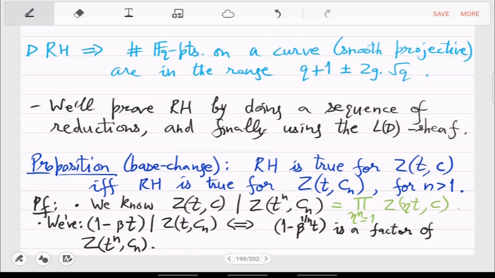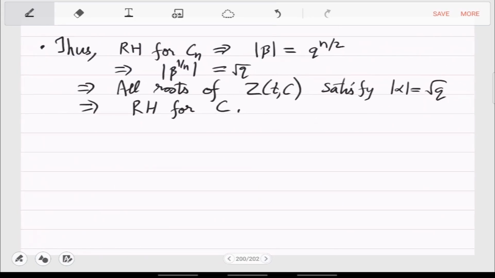So we have information for C just by the division. Conversely, what we have to show is: assume Riemann hypothesis for Z(t, C).